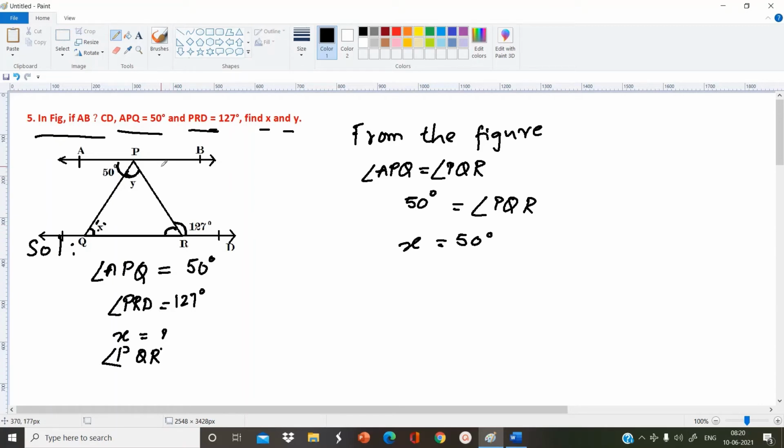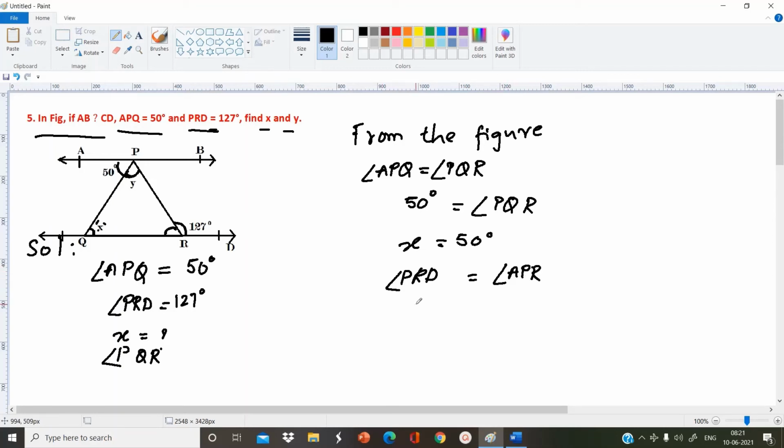So if PR is a transversal line, then angle PRD and angle APR, both are alternate interior angles, so we can write angle PRD equals angle APR.